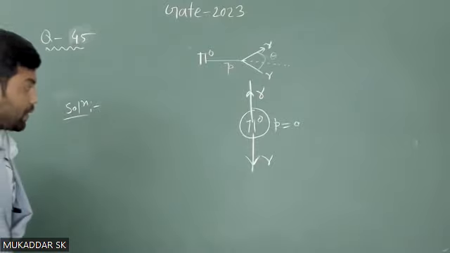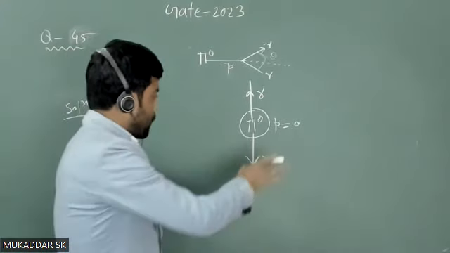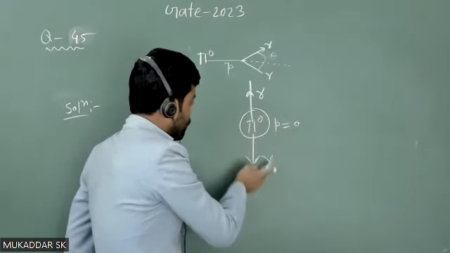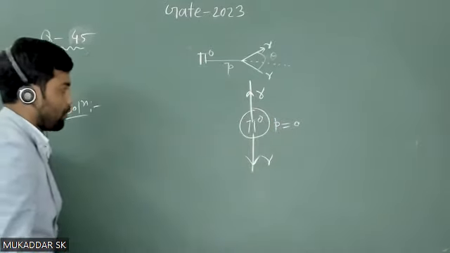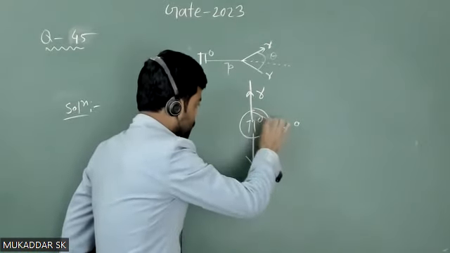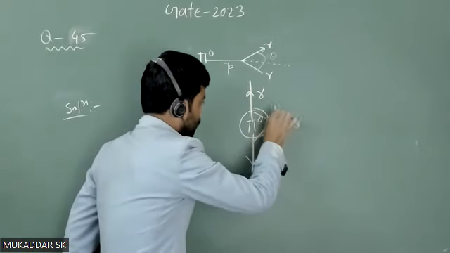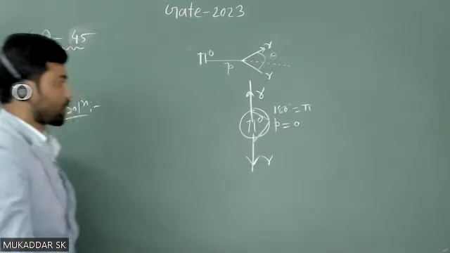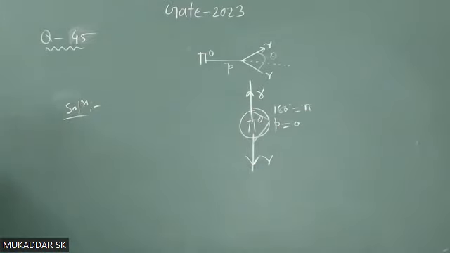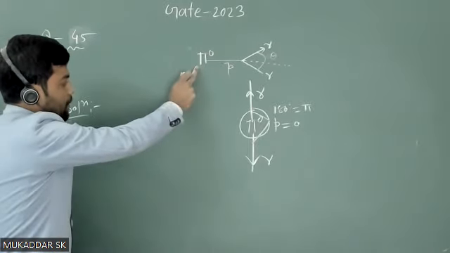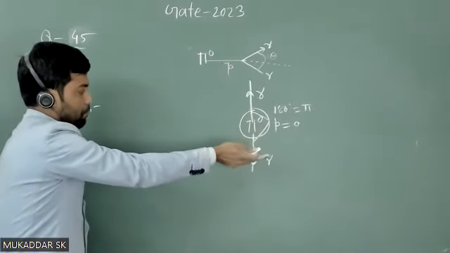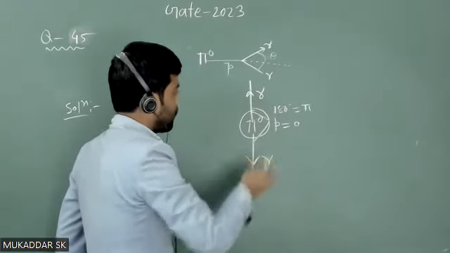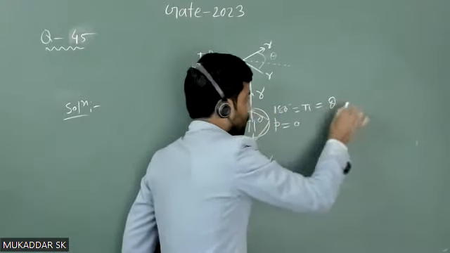So to preserve that zero linear momentum, they should move in opposite directions. Now the angle between them is how much? That will be 180 degrees, or pi. So theta will be 180.